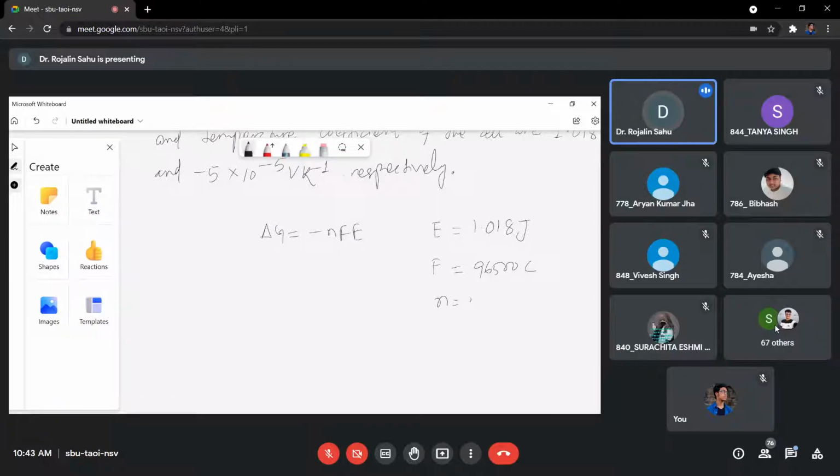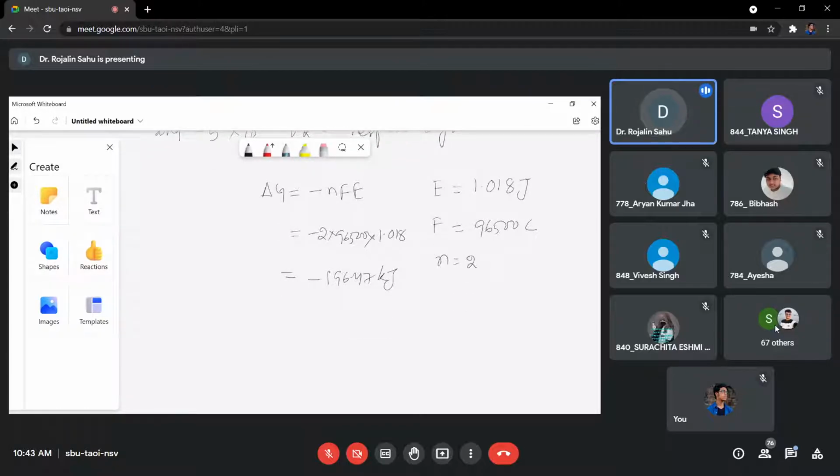N is equal to number of electrons taking part in this reaction, which is 2. So you put all the values, minus 2 into 96500 into 1.018. It will be minus 196.47 kilojoule. Or any doubt?